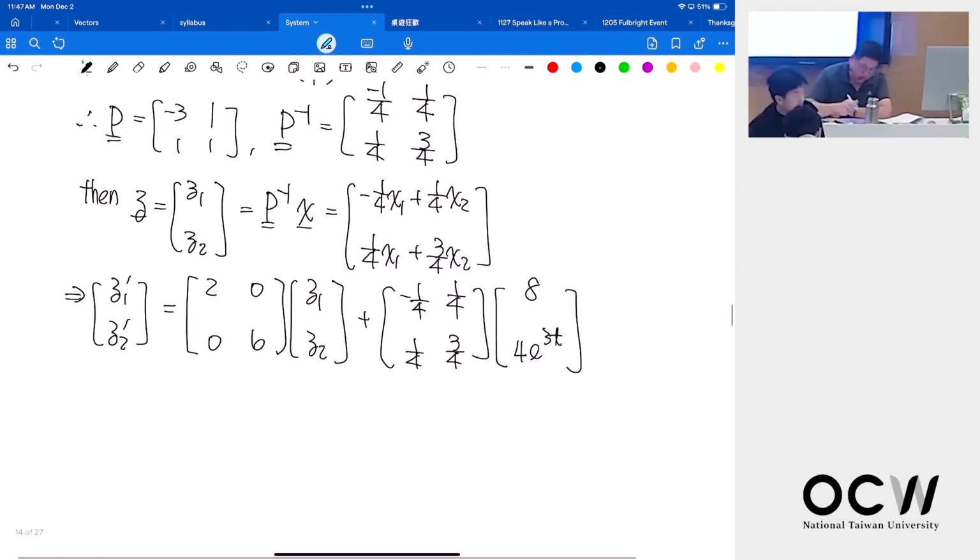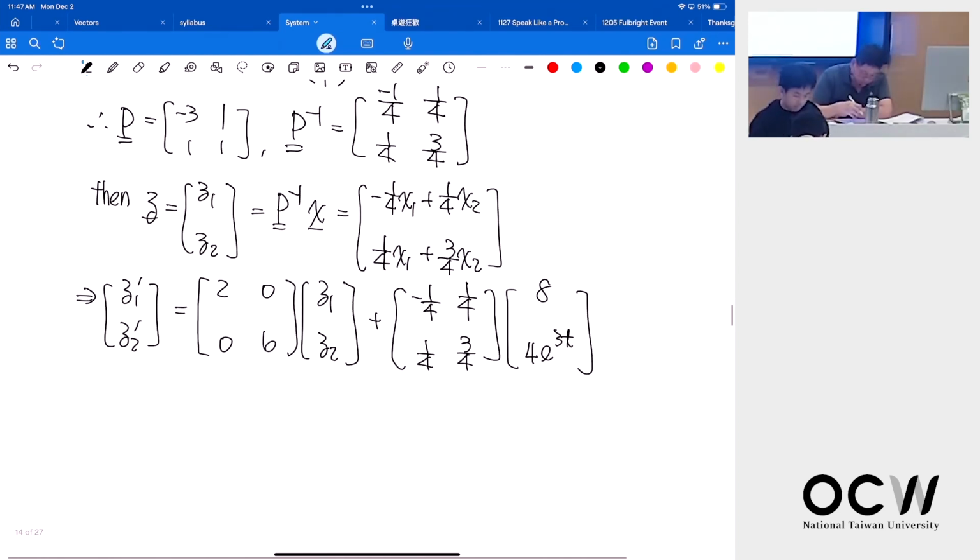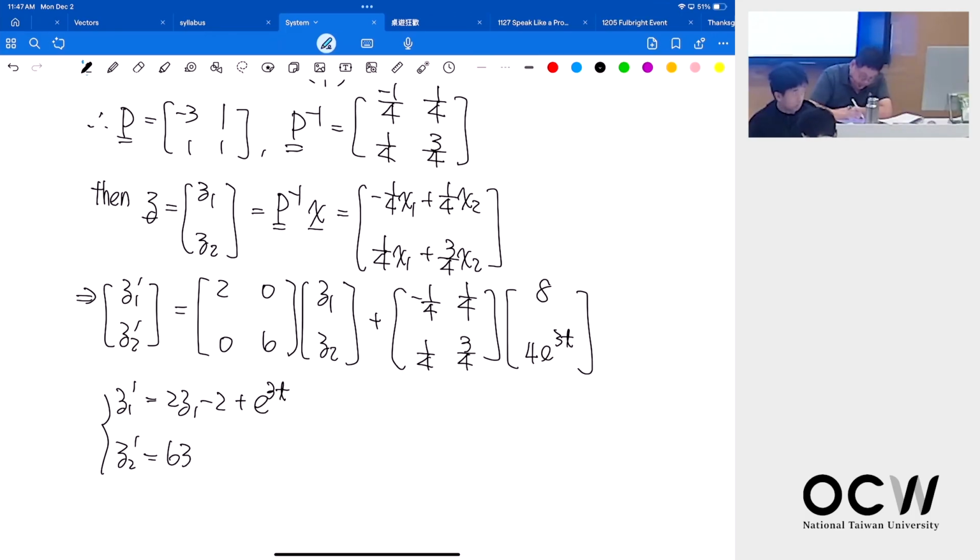So you can see Z1 prime equals 2Z1 minus 2 plus e to the 3t. There's no Z2, so you can find Z1 directly. And Z2 prime equals 6 Z2 plus 2 plus 3 e to the 3t.